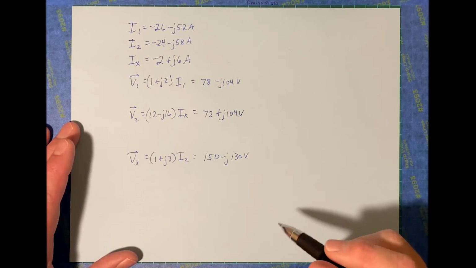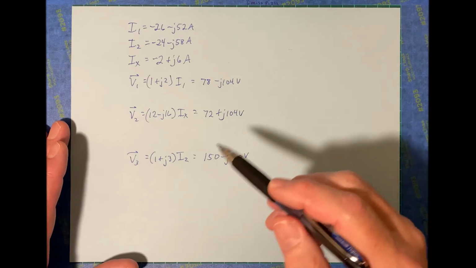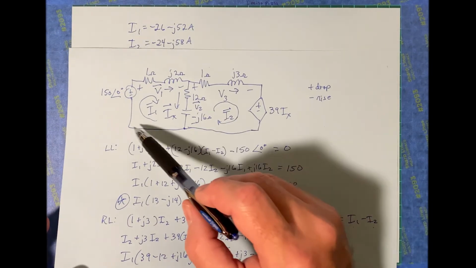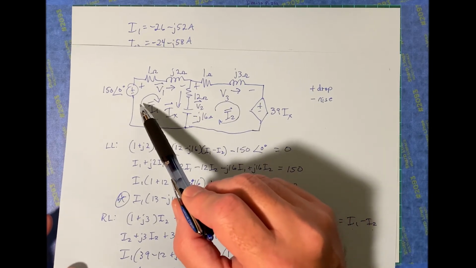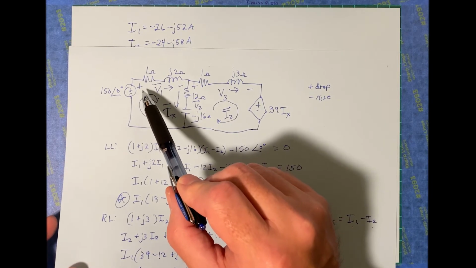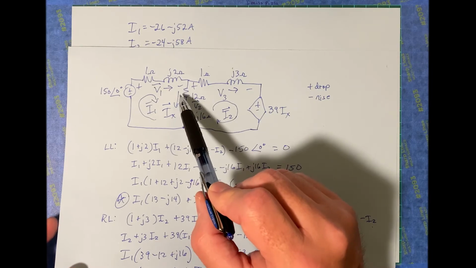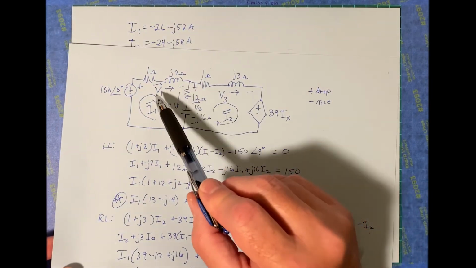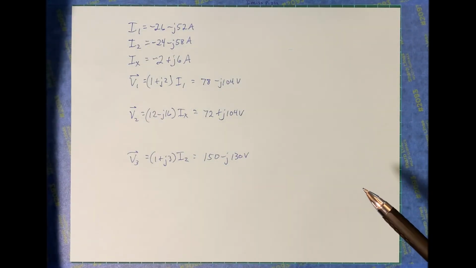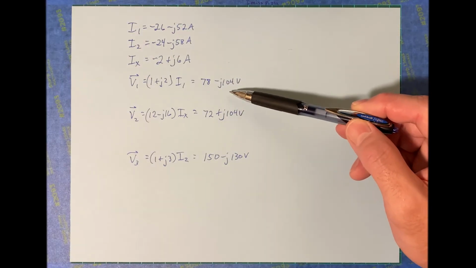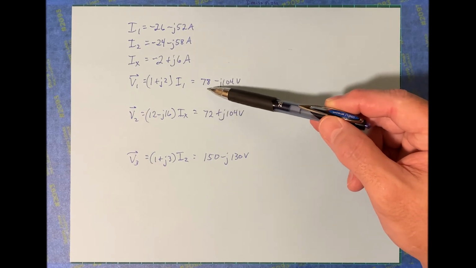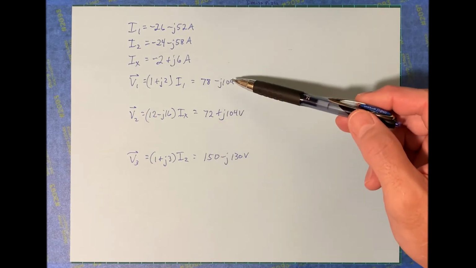Okay? Now you can check that by summing around each one of these. So on the left loop, negative 150 plus V1 plus V2 has to equal 0. So in other words, V1 plus V2 have to equal that 150. So let's see, V1 plus V2, yeah, look at that, 8, 10, 14, 15, yep, that's the 150.